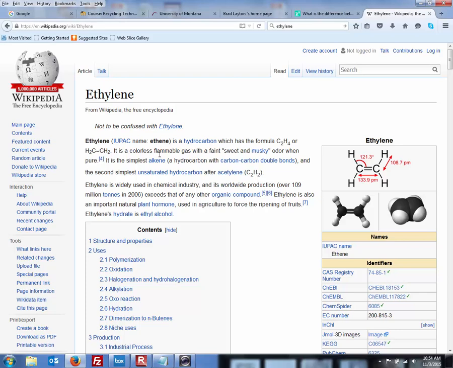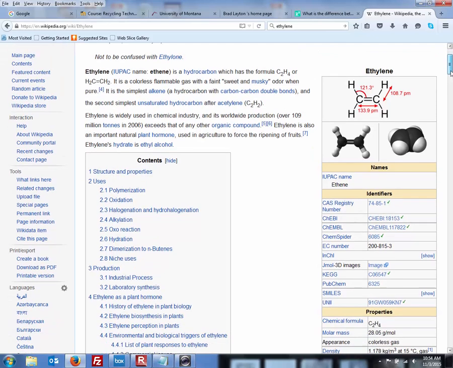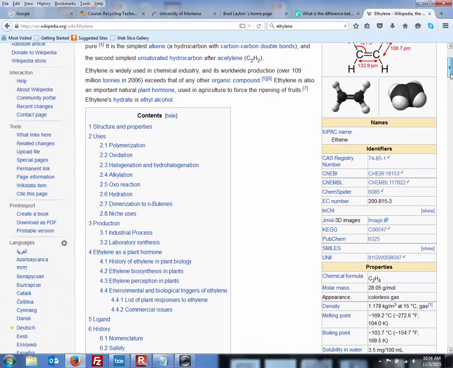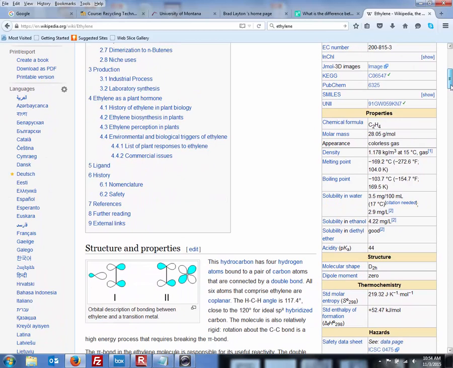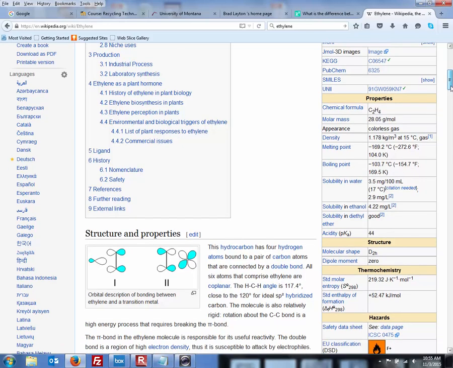Methane's 1 carbon and 4 hydrogens. Ethylene is 2 carbons and 4 hydrogens. You wouldn't want to breathe it necessarily, but once it is in polymerized solid form, there's nothing toxic about it, and that's why we use it in all of our packaging.